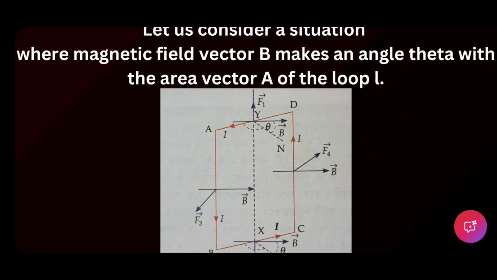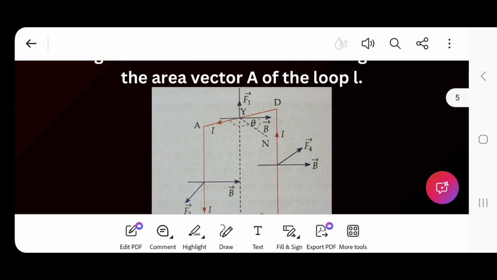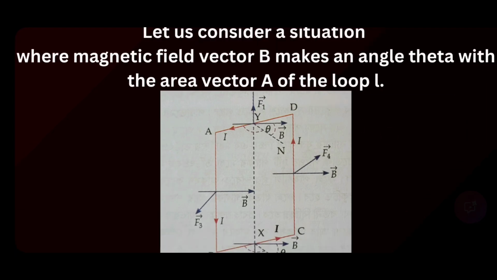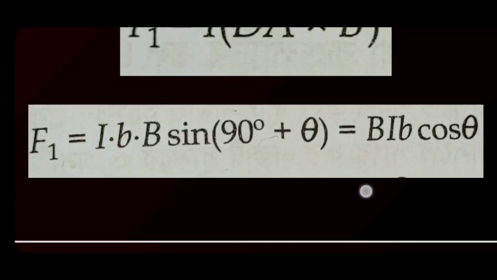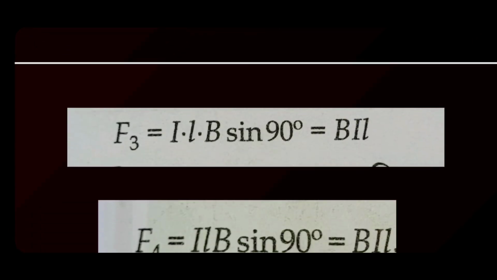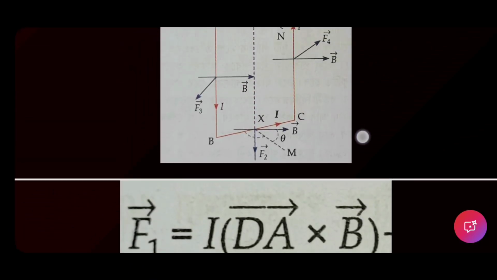Now we investigate the forces on AB and CD, when this loop makes angle theta with the magnetic field B. In that case, we get F3, that means F3 along AB is what?